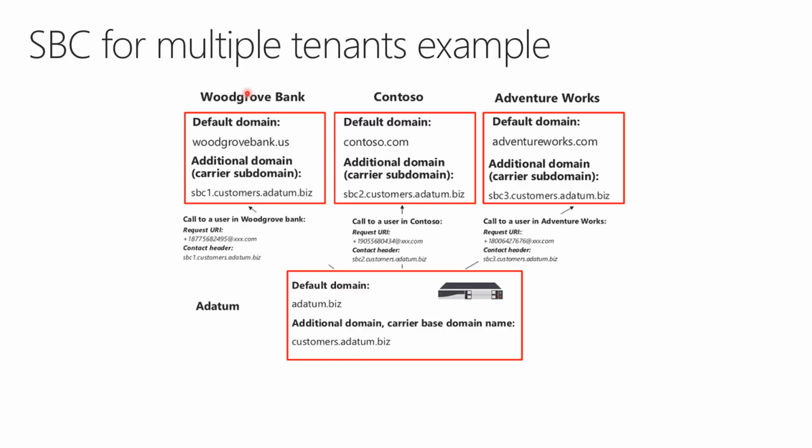And now they have 3 customers: Woodgrove Bank, Contoso, and AdventureWorks. So for each of these customers, they're creating a new domain, sbc1.customer.adatum.biz, and this is the domain that the customer will be using to add the SBC to their environment.